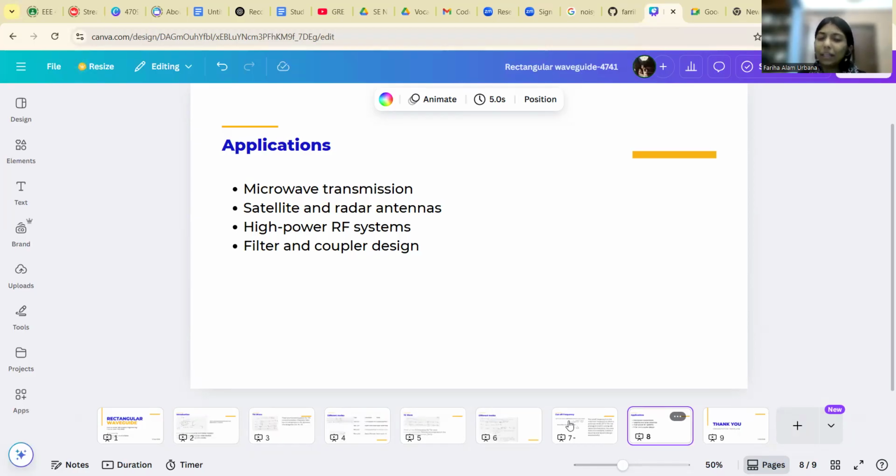So the major application areas of rectangular waveguides are different communication, radar systems and antenna feed systems. It is also used in filter and coupler design, for it has some basic advantages over other waveguides. So here I have discussed different aspects and sectors of rectangular waveguide.